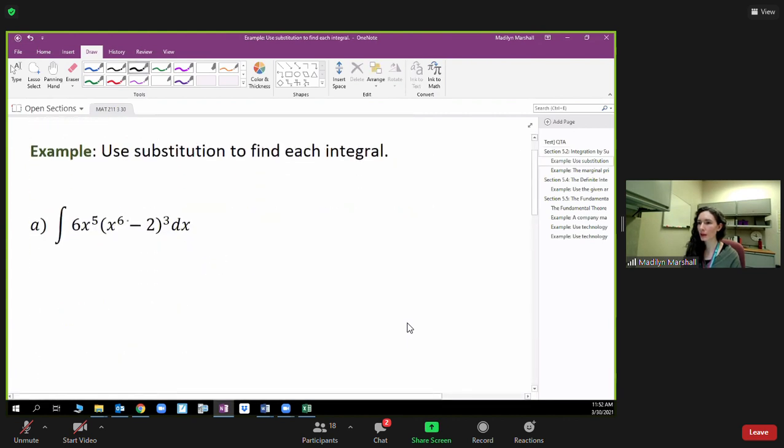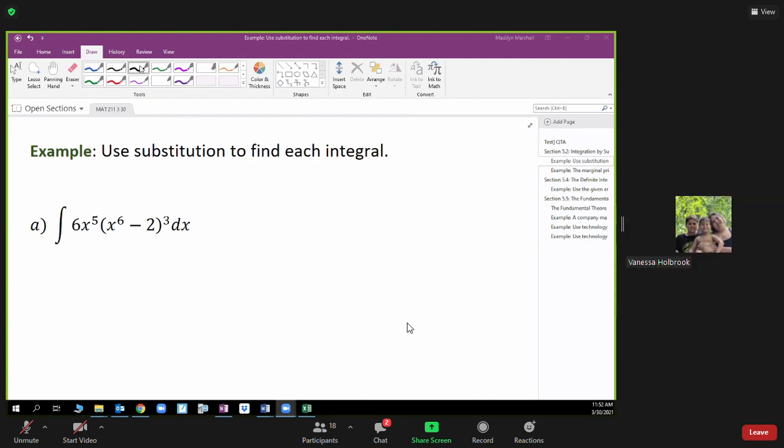Okay, so we're going to do some substitution practice. So here is our first integral for the day. Looks like a chain rule. Yes.